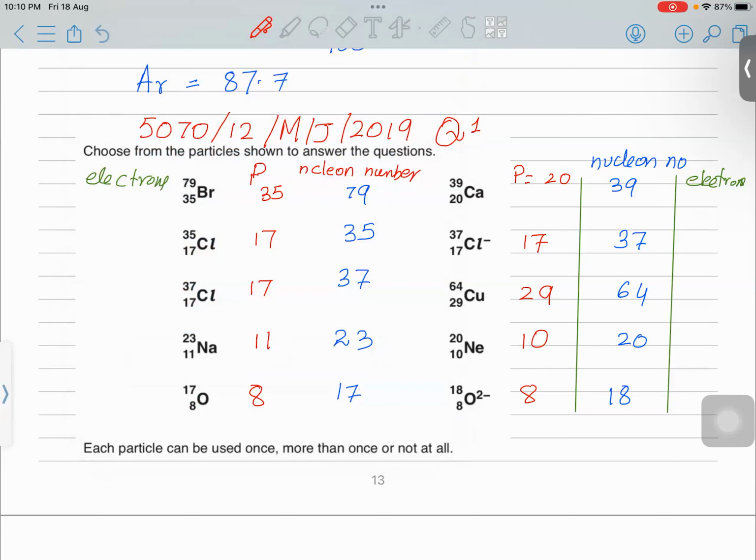Here there is no charge, so electrons are 35. Here 17, no charge. Protons and electrons are the same. Here we have 20. A minus sign means 1 electron is added. Minus 2 means 2 electrons are added, so 20.